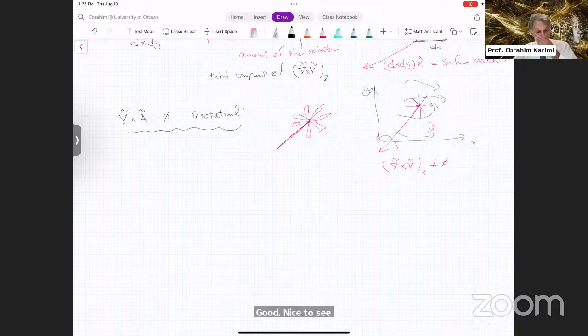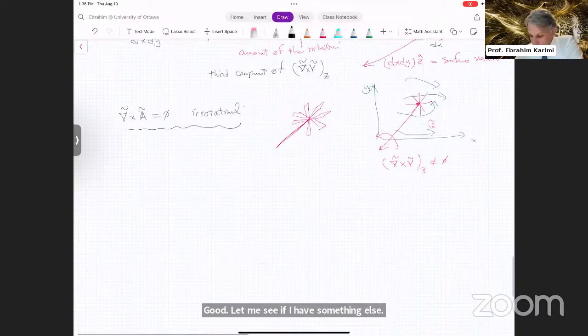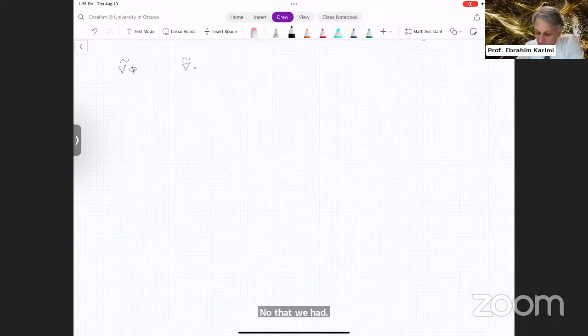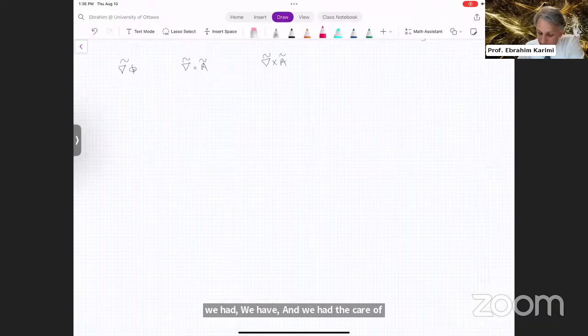Yeah. So far, note that we had the gradient of phi, we have the divergence of A, and we had the curl of A. The definition of the gradient was the normal to the surface.